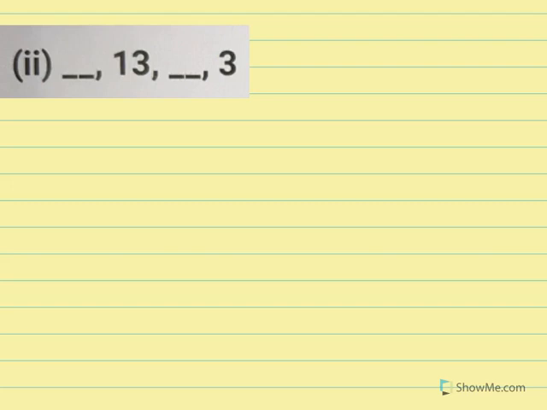Now this is the second one. Now you see my A1 is missing. This is my A2 and A3, and this is A4. Now how do we find the missing terms A1 and A3? First we know my A2 is 13. And what is A2? A plus D equal to 13.